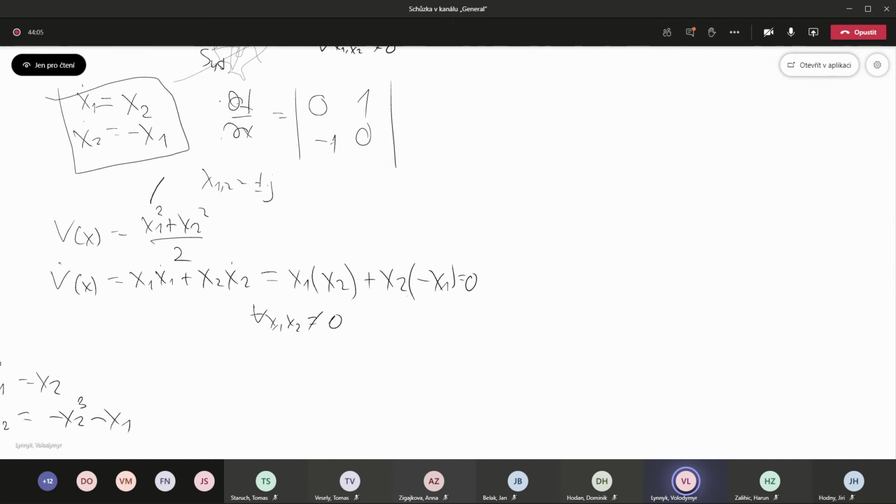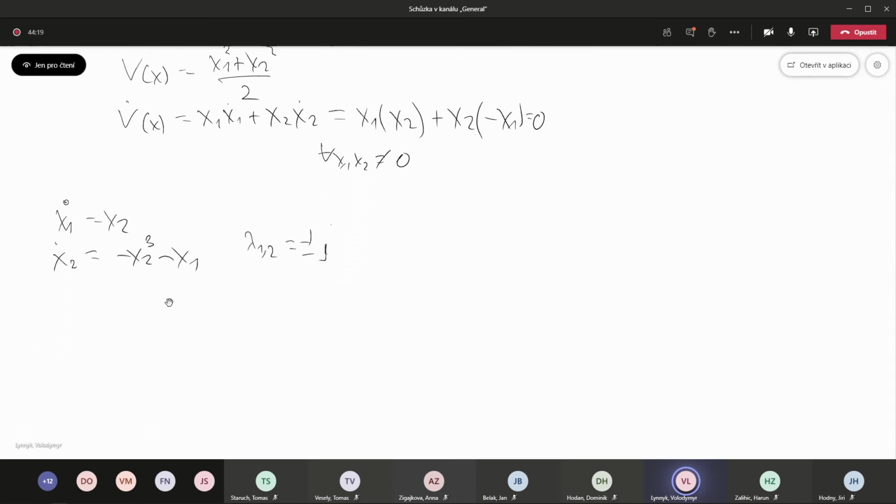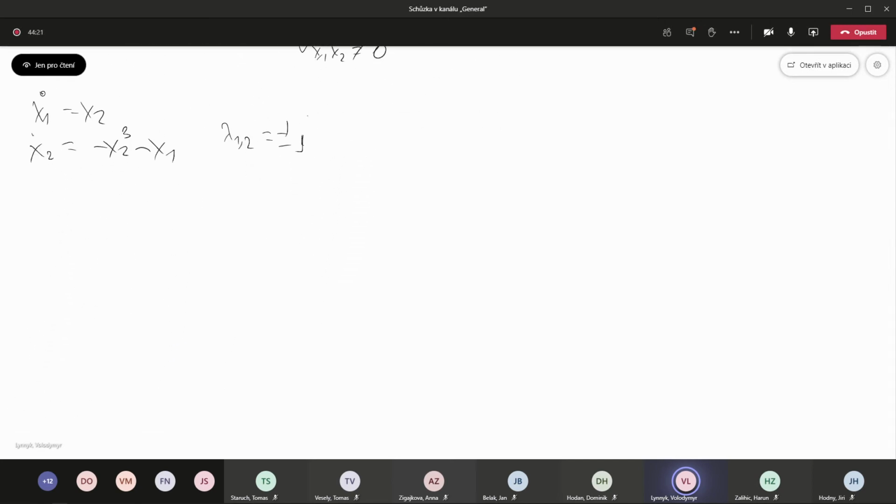When we apply the first Lyapunov method, we found that lambda 1,2 equal to plus minus j omega, and we cannot say anything about the stability of this system. So let's apply the second Lyapunov method.